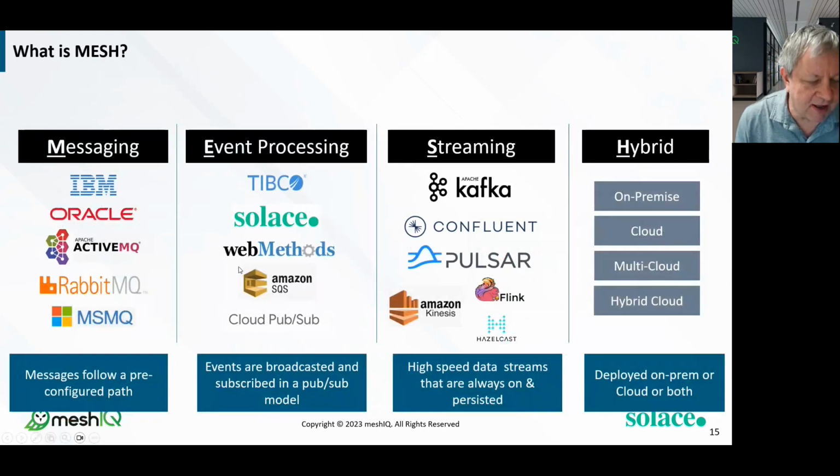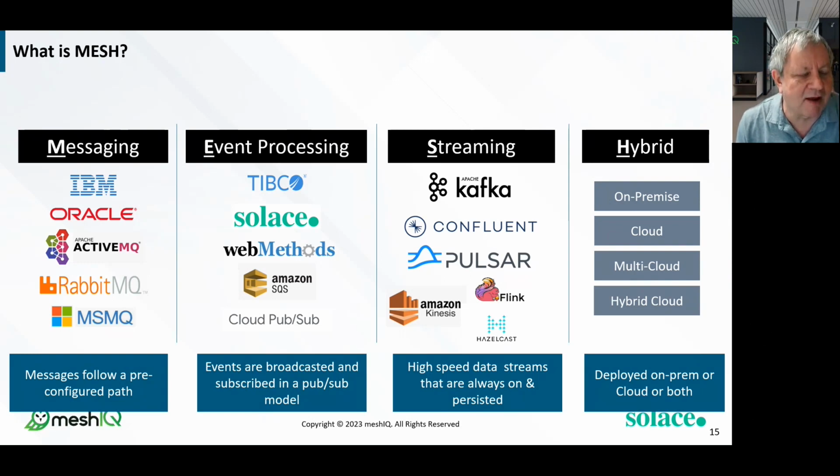What is the mesh, right? So a couple of quick words about this. The key thing, extending what DK was going through, is that we deal with the fact that there are a lot of different technologies that have been brought to bear to solve this problem of application interoperability. It's a historical chain of events where originally there was messaging.